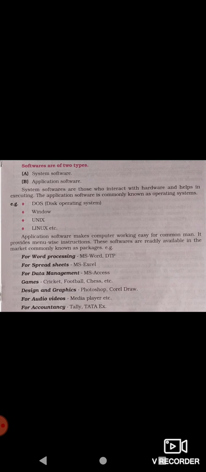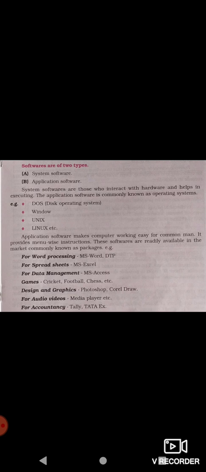Application software makes computer working easy for the common man. It provides menu-wise instructions. These softwares are readily available in the market, commonly known as packages. Example: for word processing, MS Word and DTP.